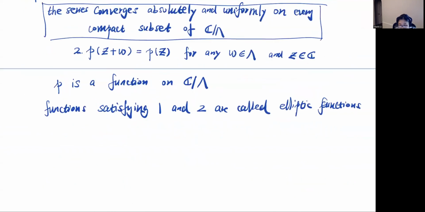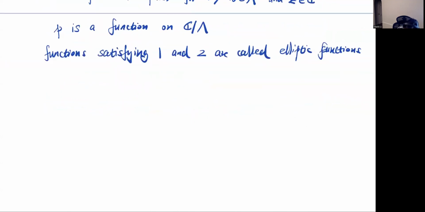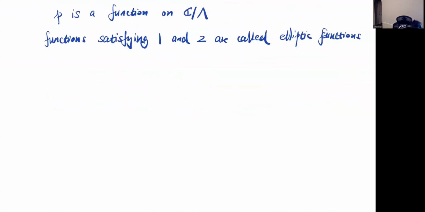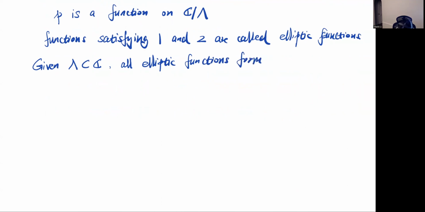Okay, so why is P particularly important? Well, given a fixed lattice, all elliptic functions with respect to this lattice form a field, which we can simply denote by C of lambda. They form a function field.